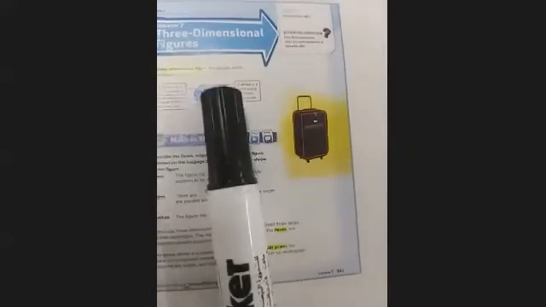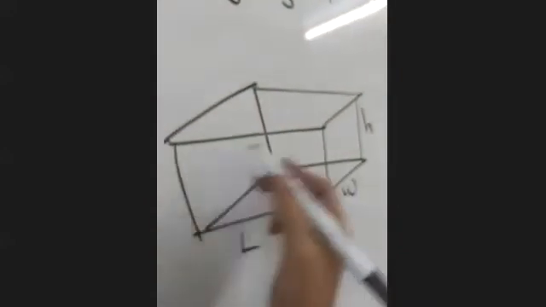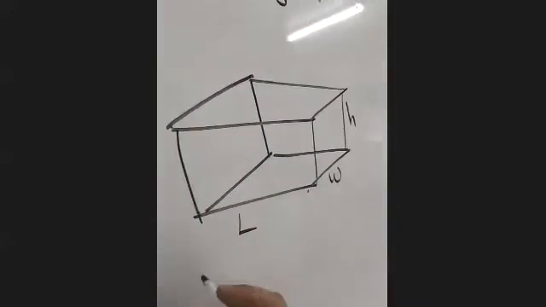Now look at this room or this box here. This box has parts. Let's know the parts together. These lines, guys, we call them edges.